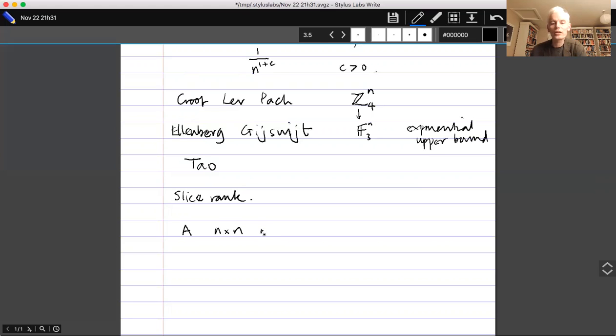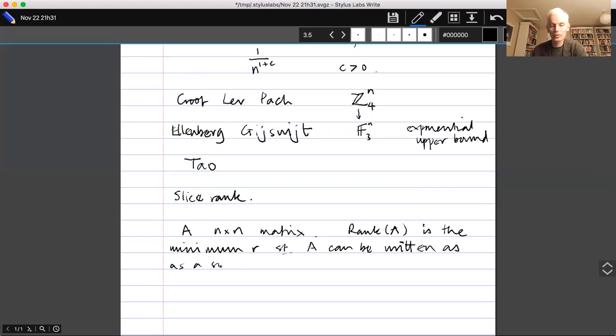So if A is an n by n matrix, then we can define the rank of A as the minimum r such that A can be written as a sum of r rank 1 matrices.